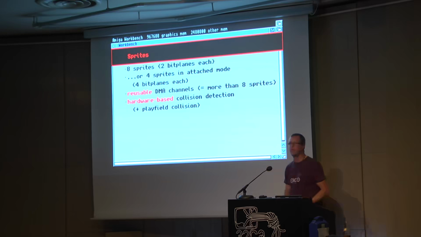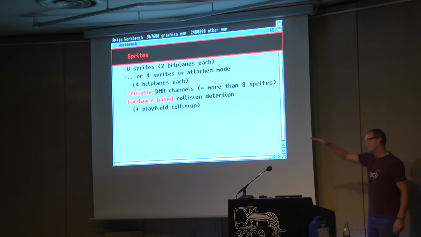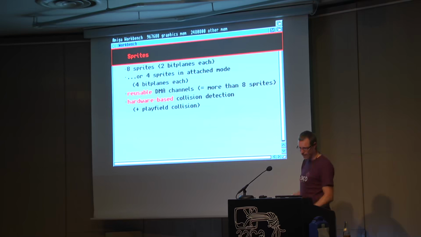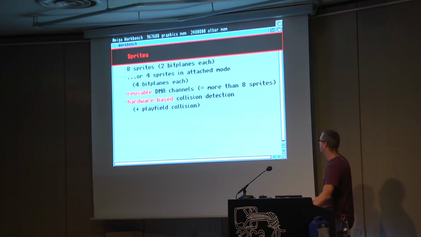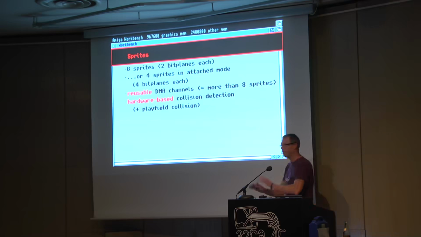But you had the possibility to reuse DMA channels in a later time of the screen build-up, okay? So if you have in the upper portion of the screen 8 sprites, you could reuse them in the lower portion again, so then you had more or less 16, or however many you can program in your software. And it had hardware-based collision detection. Collision detection is important if you have several sprites.